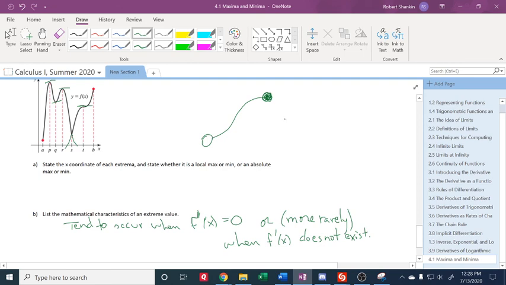Now, if this was my xy axis, and this is directly above A, and this is directly above B. All right. What's my absolute max? Well, it's at x equals b. What's my absolute min?